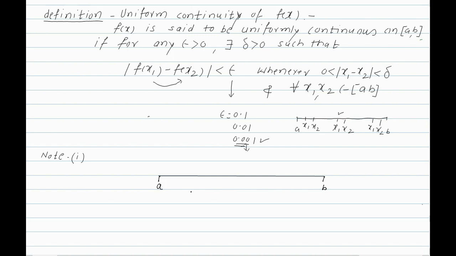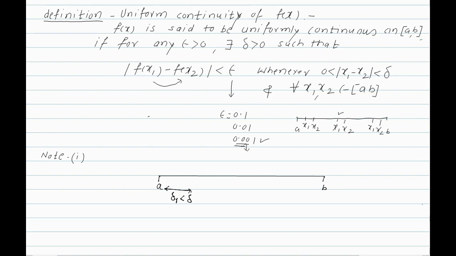So suppose this is one interval of length delta 1, and this length delta 1 is less than delta which we have used in the definition of uniform continuity. So delta 1 is less than delta.